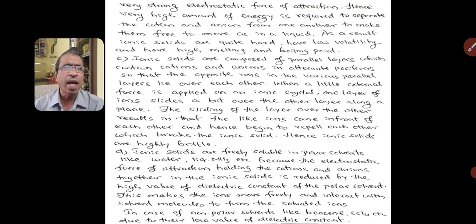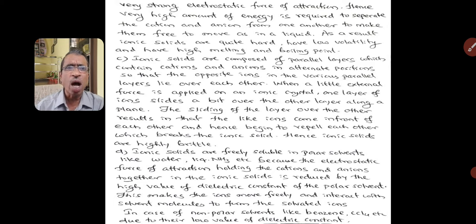When an external force is applied on an ionic crystal, one layer of ions slides a bit over the other layer along a plane. The sliding of one layer over the other results in like ions coming in front of each other and hence beginning to repel each other, which breaks the ionic solid. Hence, ionic solids are highly brittle.